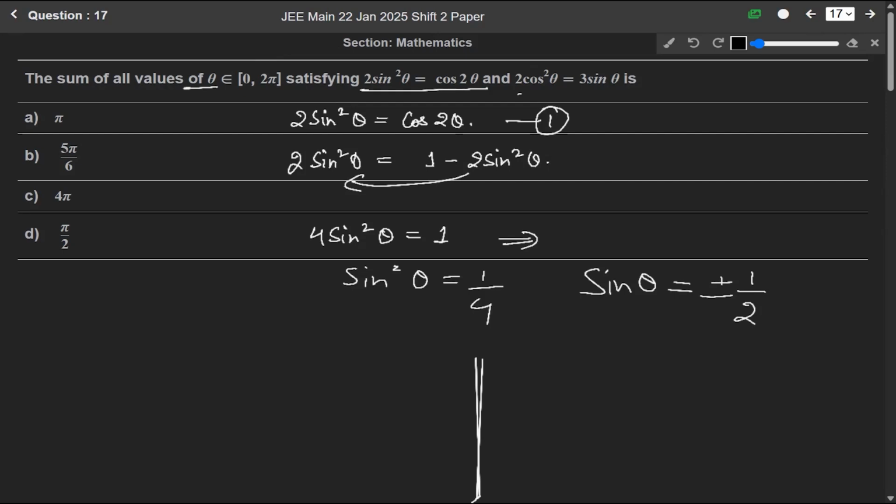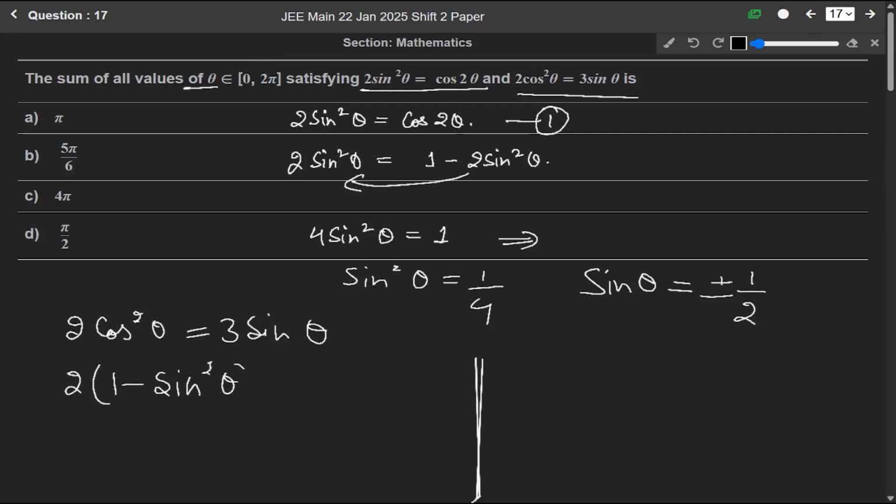And it is given that 2 cos square theta is equal to 3 sin theta. So for this, we can write cos square theta as 1 minus sin square theta, and it is equal to 3 sin theta. Okay.